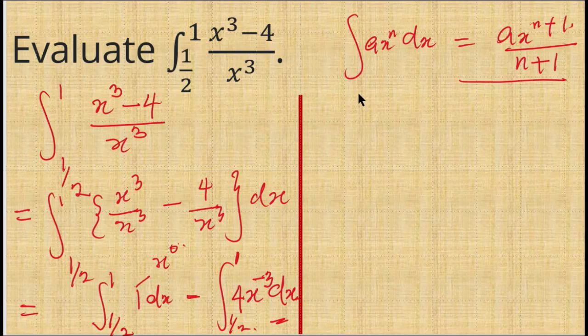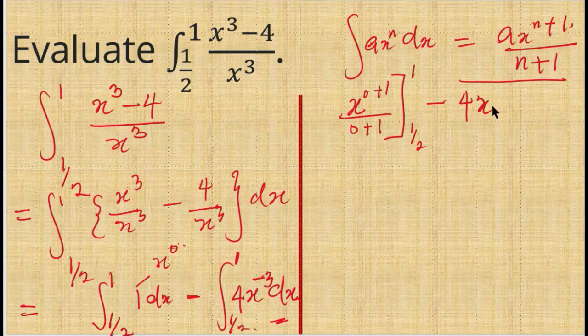So that's x raised to power 0 plus 1 all over 0 plus 1, moving between 1 and half, and also minus 4 x raised to power minus 3 plus 1 all over minus 3 plus 1. This also is moving between 1 and half.